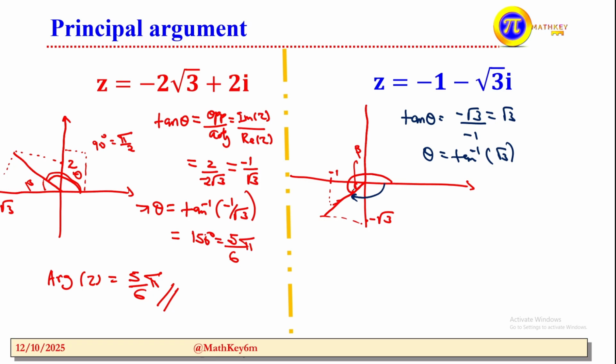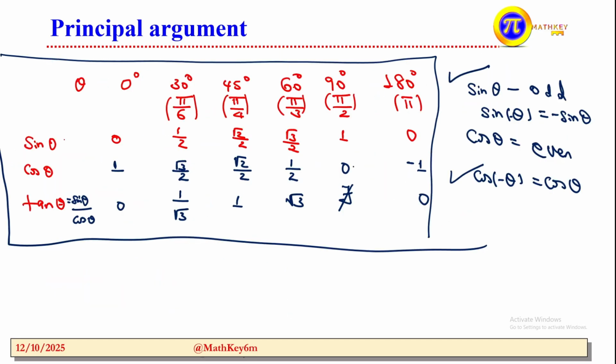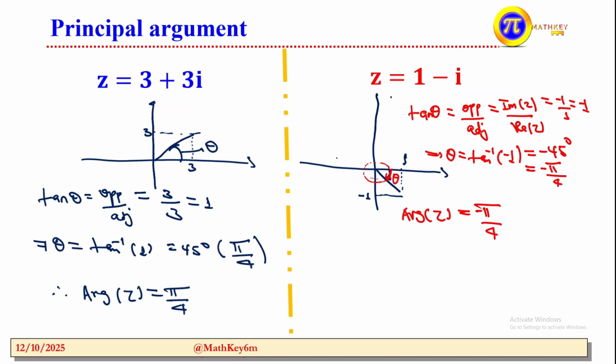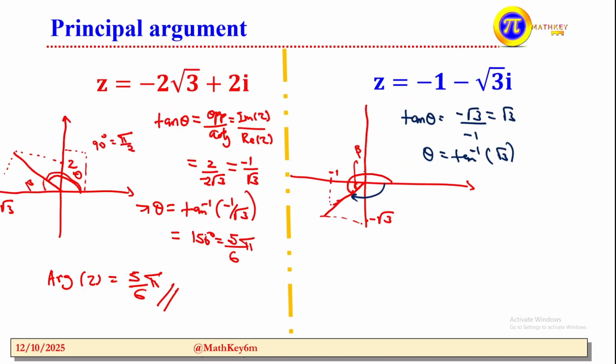So it shows that it's at third quadrant ስለሆነ this is equivalent with tan inverse of root 3. What's that? Tan inverse of root 3 means that it's 60 degree. So this is 180 plus 60 degree means what? 240 degree.